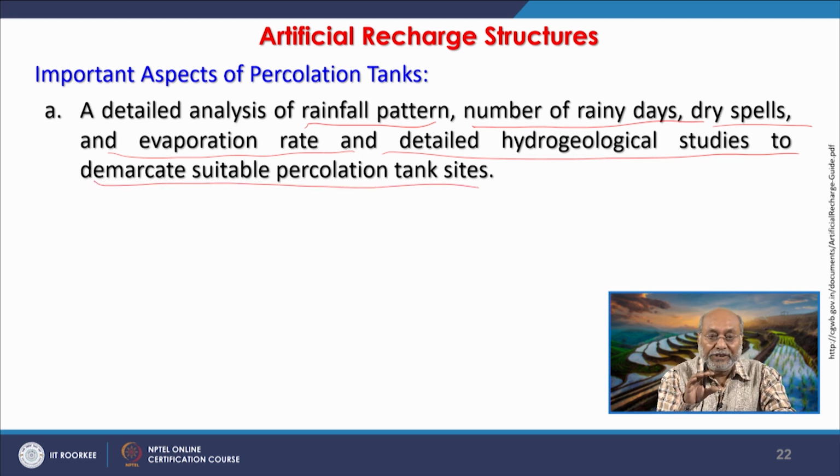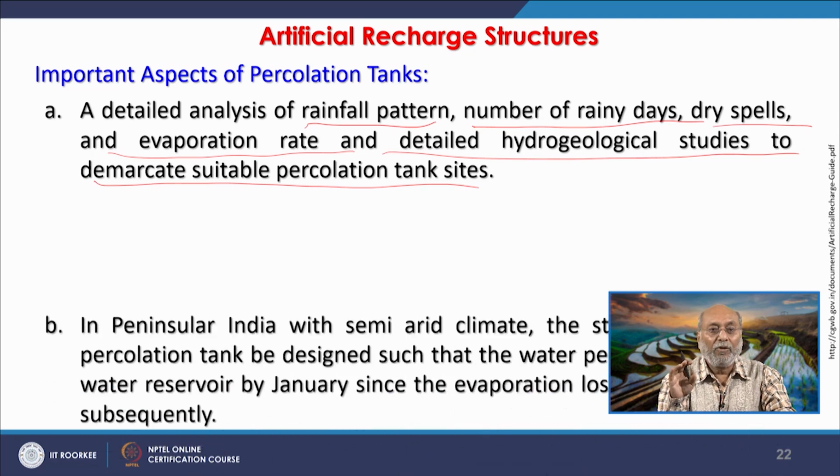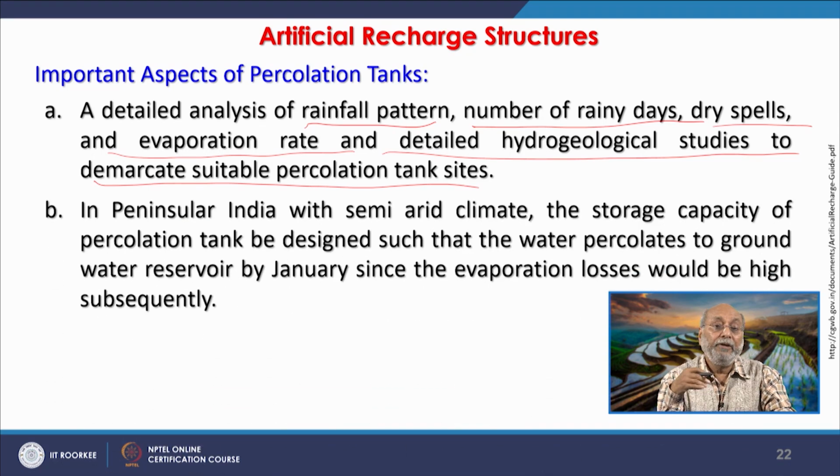For a small scale, if you do not have any information, still these percolation tanks will recharge the groundwater regime. But for very effective, efficient percolation tanks of large size to recharge large groundwater aquifers, you definitely require this, because that will require a lot of investment compared to a very local level percolation tank.